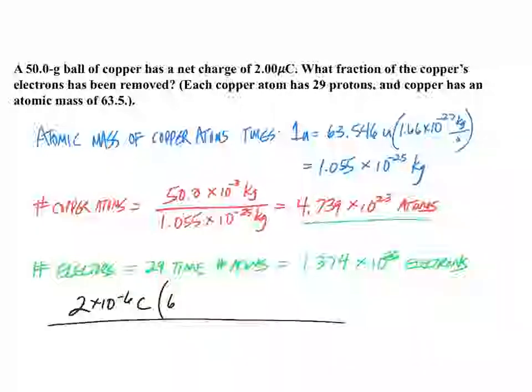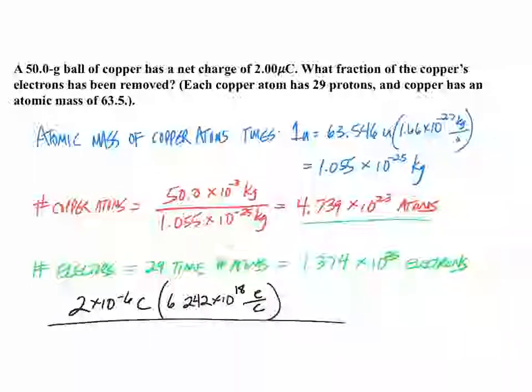Another way, and I'm almost certain that this is in your book, instead of doing that calculation manually where you divide by 1 over the 1.602, you can just use 6.242 times 10 to the 18 electrons per coulomb.